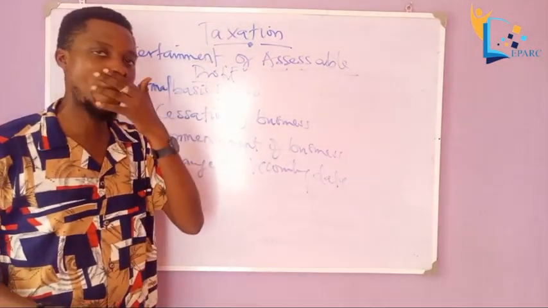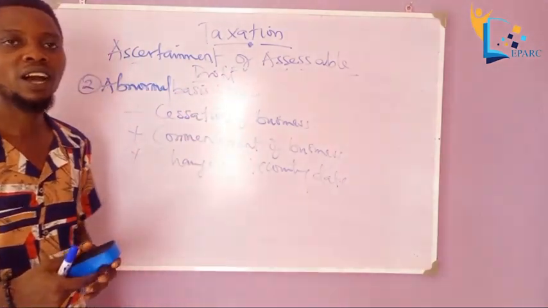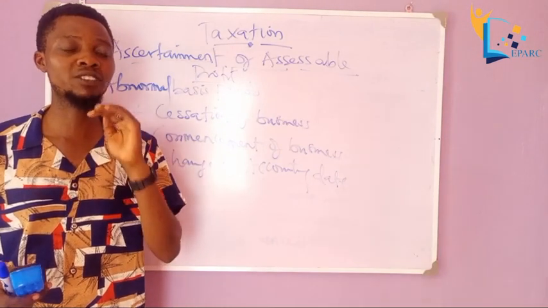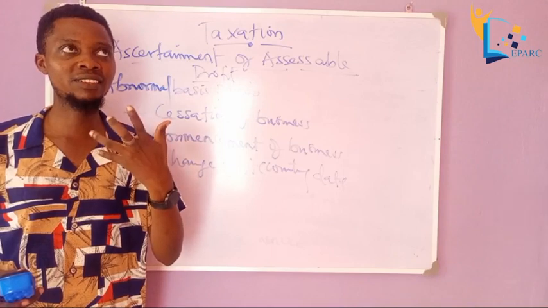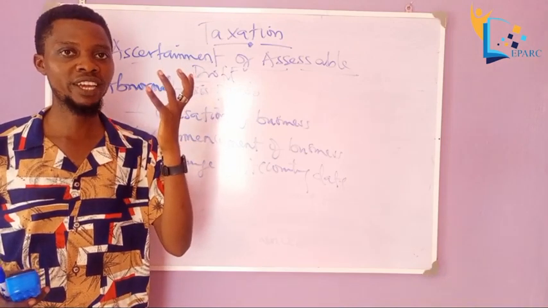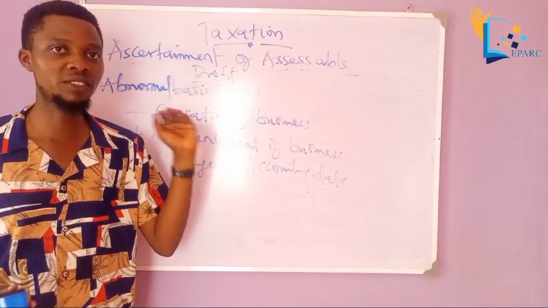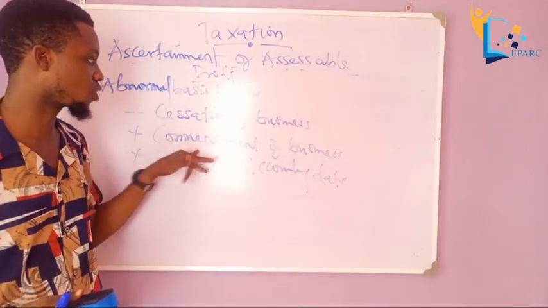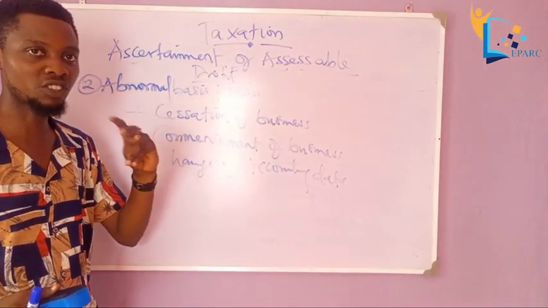Okay. Now remember, when I was explaining the normal basis period, note that the normal basis period can also be applicable to businesses that are 3 years old and above. I'm quickly mentioning that because of this commencement of business you see here, there are two different scenarios.